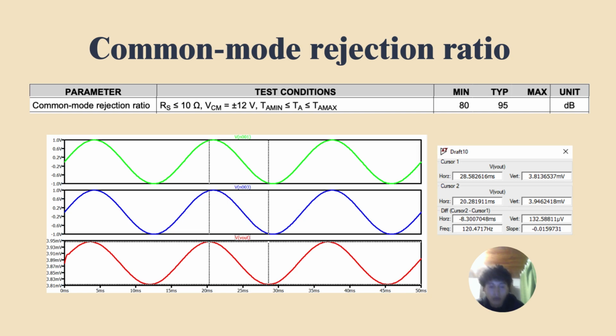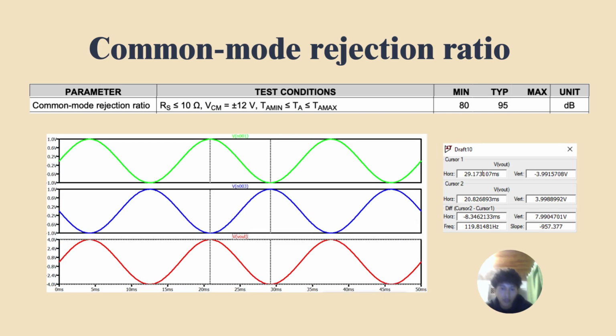For the common mode gain, we use two equal signals of 1 volt amplitude and graph the V out. The output shows a voltage peak to peak of 132.58 microvolts.